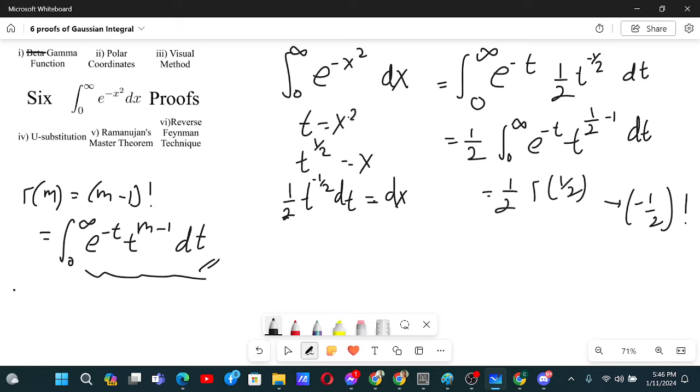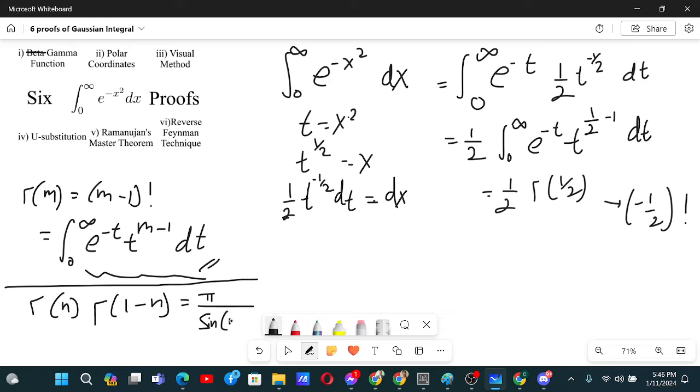Or we also have the reflection formula of the gamma function, that gamma n times gamma 1 minus n equals pi by sine n pi. We can use this formula to find gamma of 1 by 2. If n is 1 by 2, then 1 minus n will also be 1 by 2, and this will be pi by sine of pi by 2, that's 1. So gamma half is basically root pi.